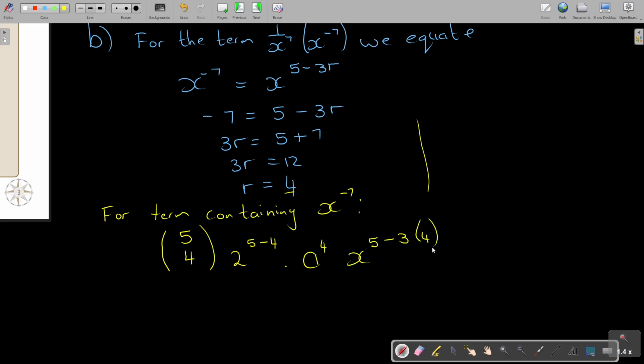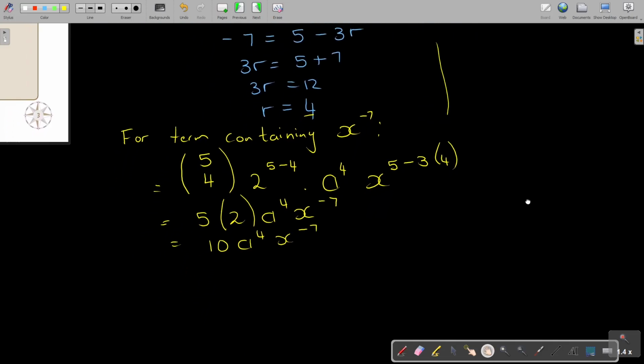Okay, so 5, 4, and that will be equal to 5, and that will be equal to 2, just 2. And this will be a^4, and this will be x to the power negative 7. So that's going to be 10a^4 x to the power negative 7, or multiply 1 over x to the power of 7.